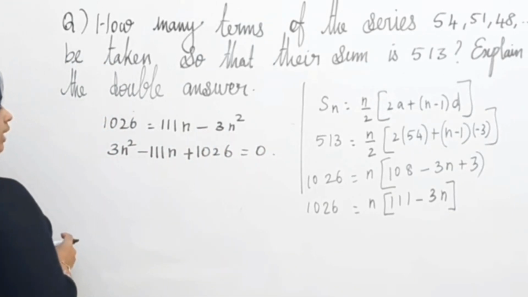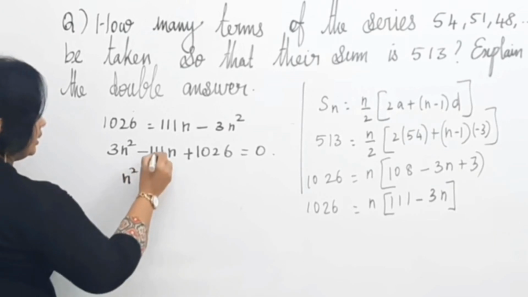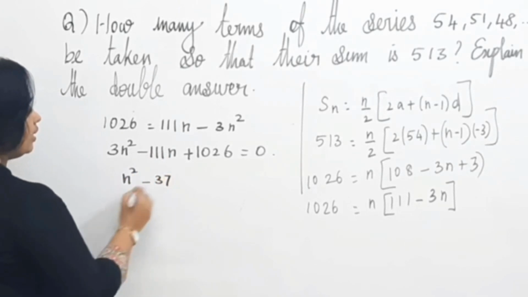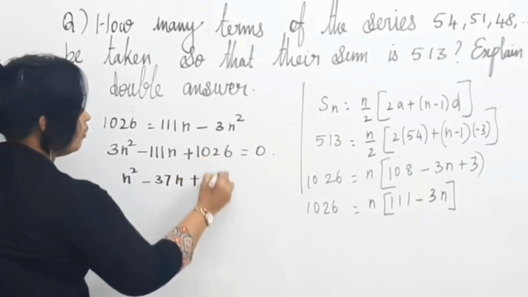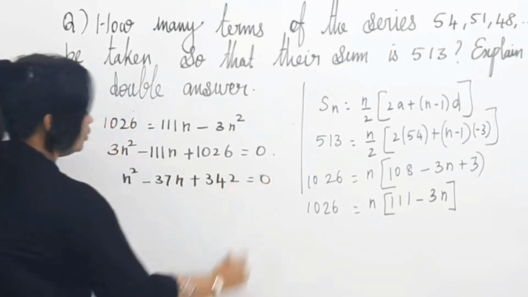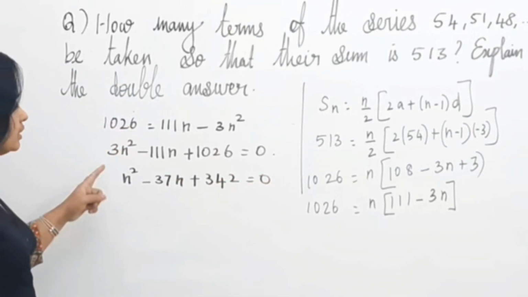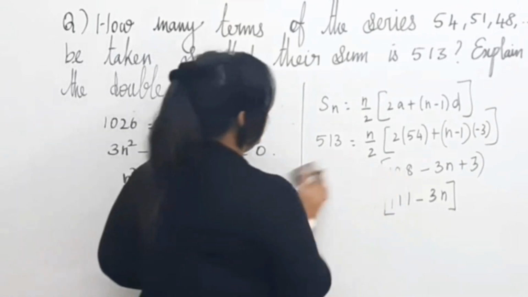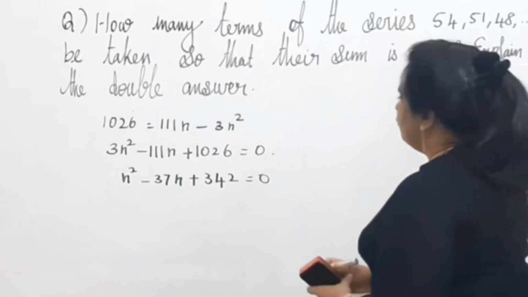So now I can cancel by 3, that is n squared minus 3 3s are 9, 7 3s are 21, 37n and then plus 3 3s are 9, 1, 4 3s are 12 and 2 3s are 6, that's 342, equal to 0. Now I have to find my factors for n. So let me go for finding the prime factorization. That's the easiest way to get my factors.